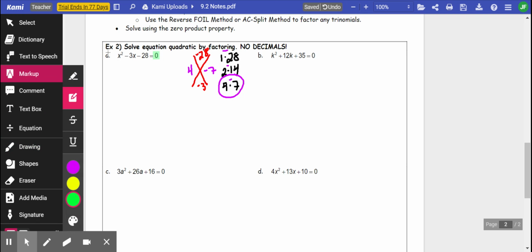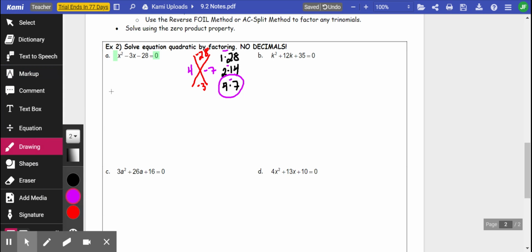Because there's not a coefficient here, you can use that shortcut I mentioned in the warm-up problems and go straight to x plus 4 times x minus 7 equals 0. And then you need to continue on and solve by setting each group equal to 0. So we're going to subtract 4 from both sides to get negative 4.